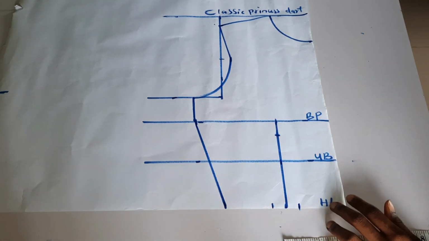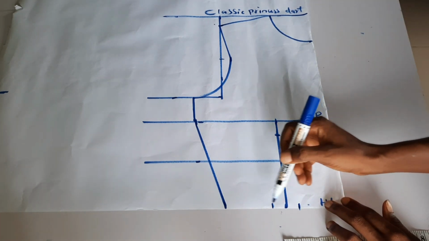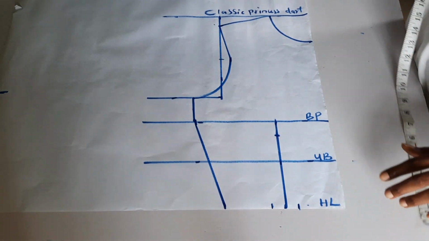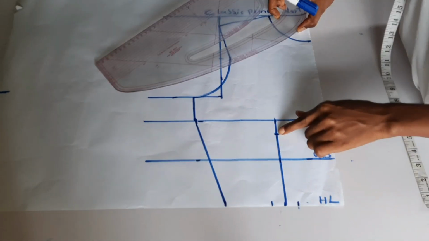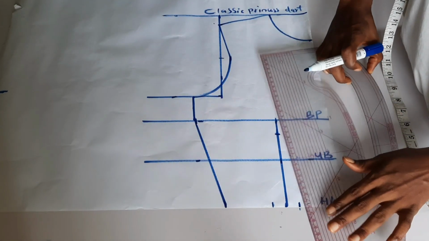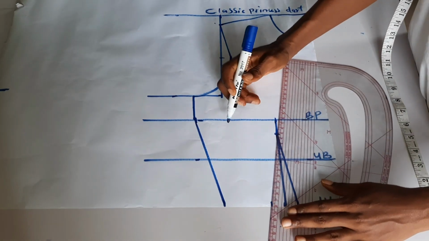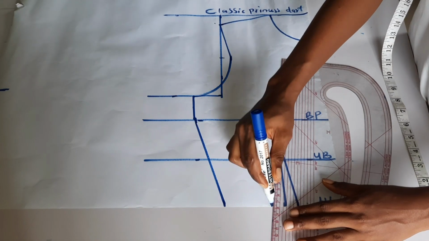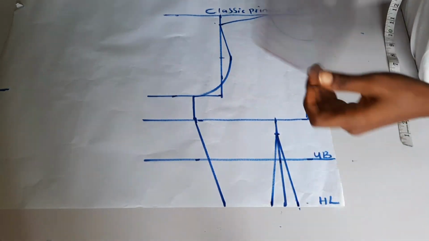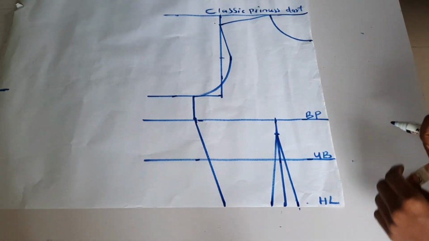If you're working for somebody who has a much bigger breast, open by 1 inch on both sides. So I will connect from here to this point and from here to this point, creating a dart. So I've gone ahead to do that.